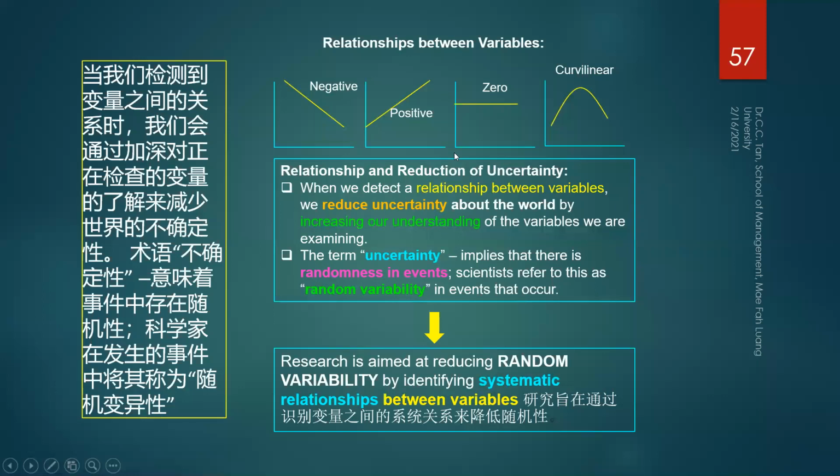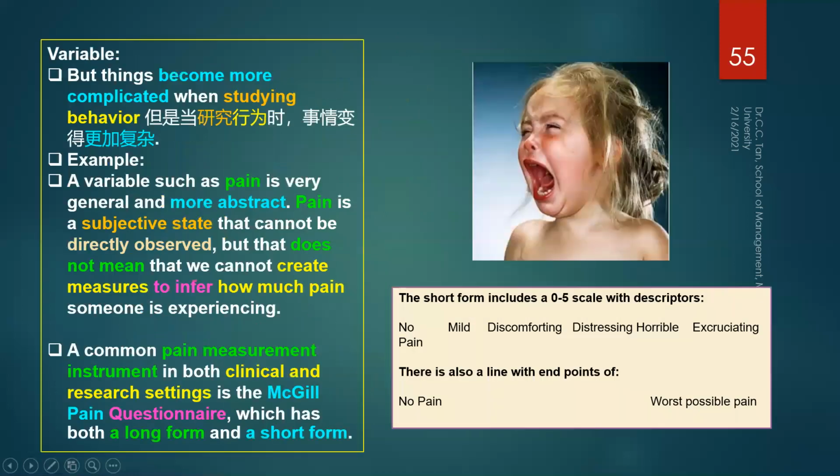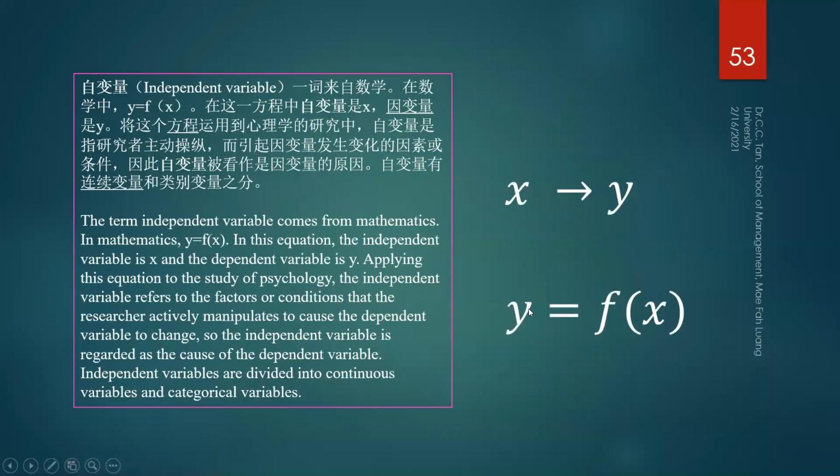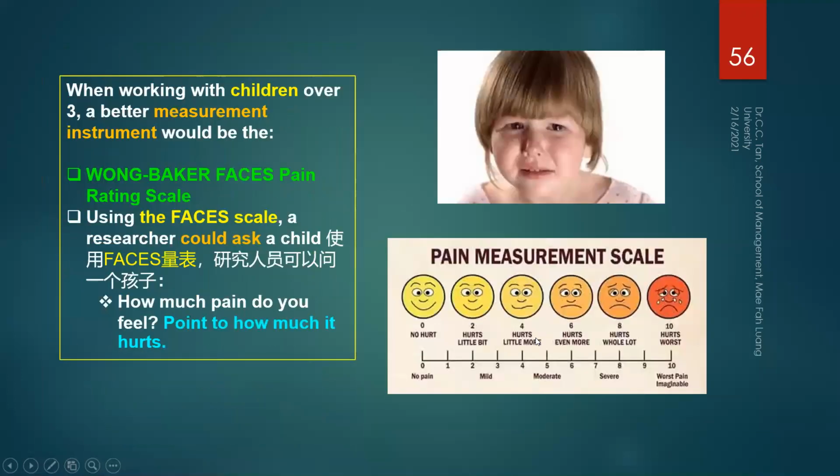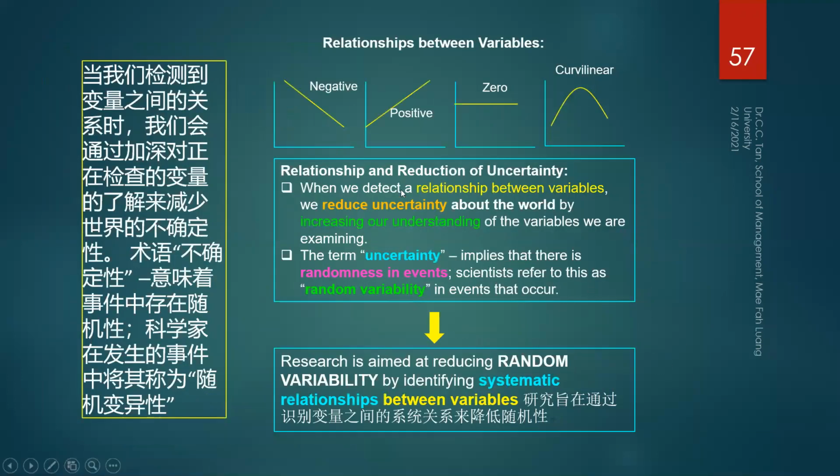For example, if this is ambidexterity, these are the antecedents, or variables that cause ambidexterity to happen, and what would you do? If you have the knowledge to understand all these variables and their relationships, then you reduce the uncertainty.